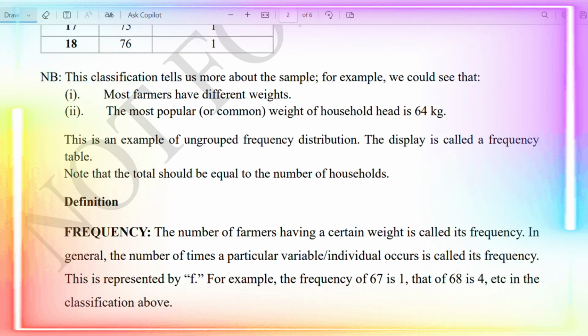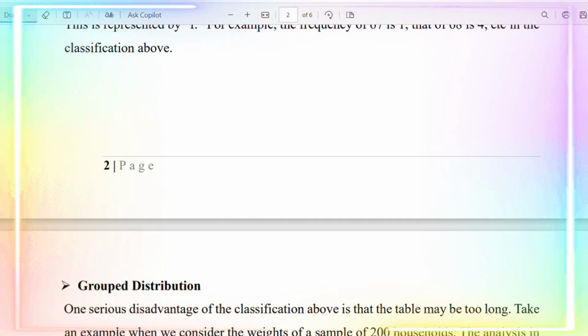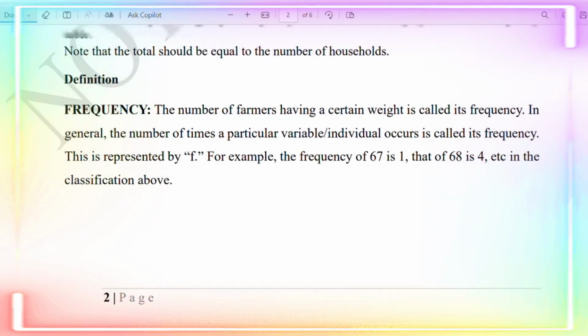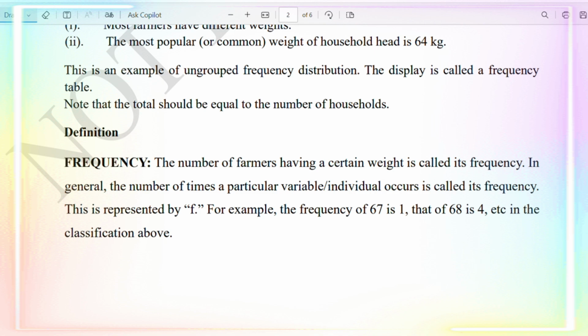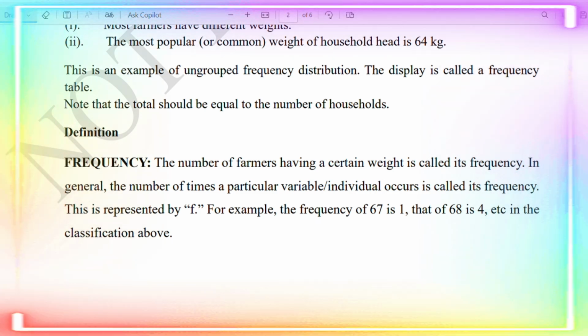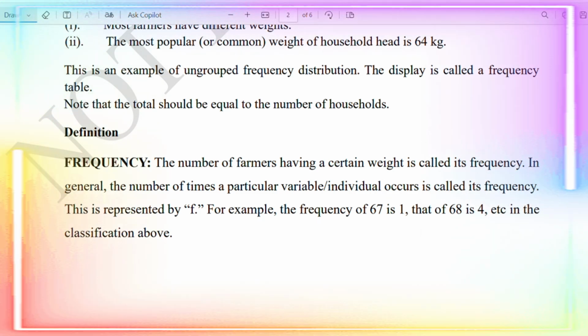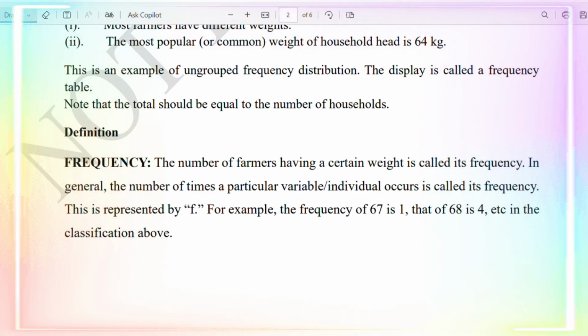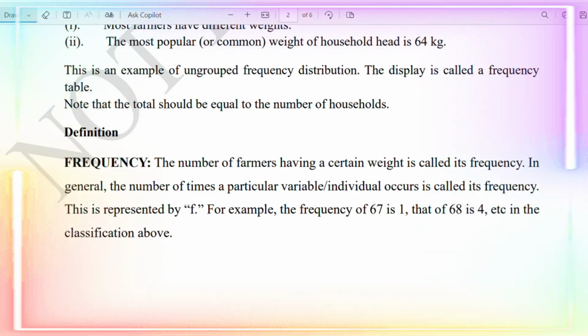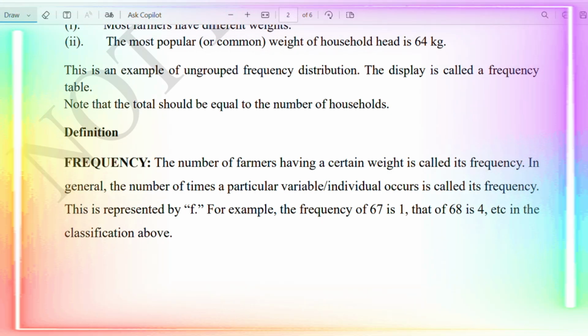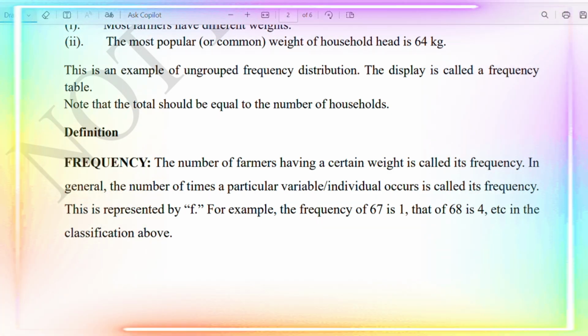Now, but before I discuss the grouped distribution, I mentioned frequency the other time, which I believe you should know. But nevertheless, what is frequency? The number of farmers having a certain weight, as in this example, is called its frequency.